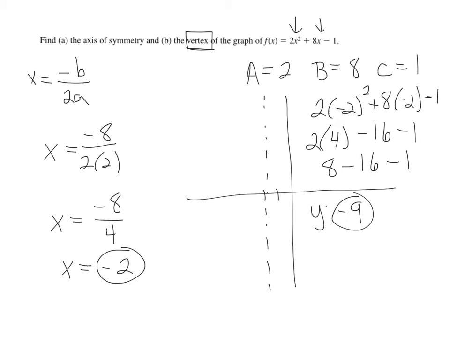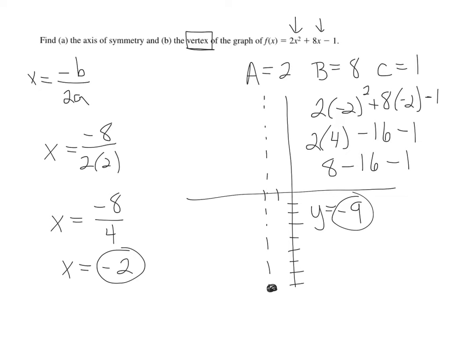So this is my y value. So I know at -2, if I go over 2 and down 9, here is my vertex.